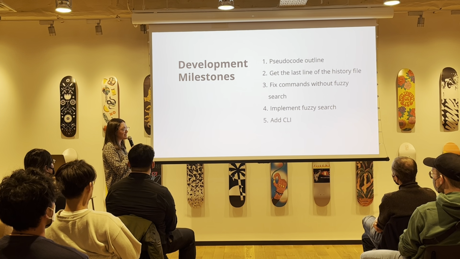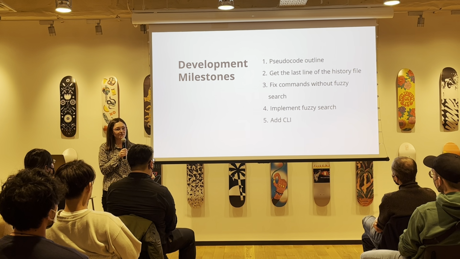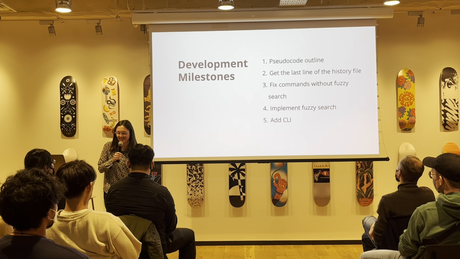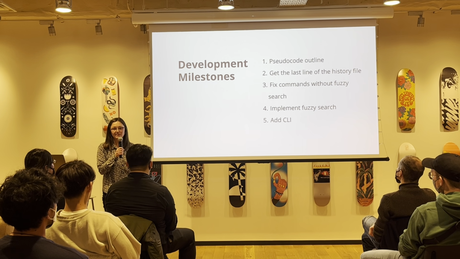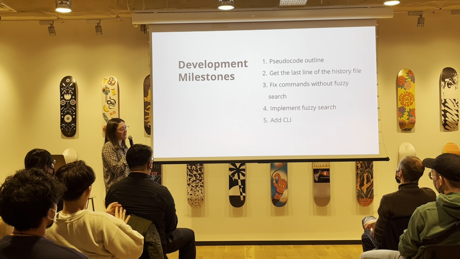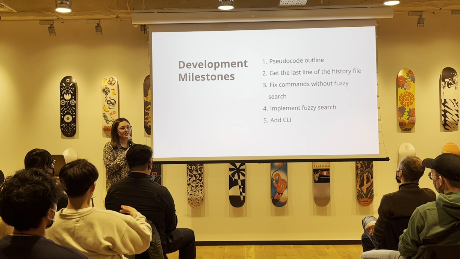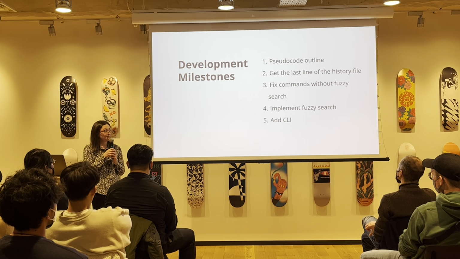Right? So getting the last line of the history file, fixing the commands manually without any fuzzy search, just giving it prescripted commands that I could prepare for, to test the input-output abilities of my program. Then finally incorporating this fuzzy search, and then finally the CLI that you saw at the end. Okay.